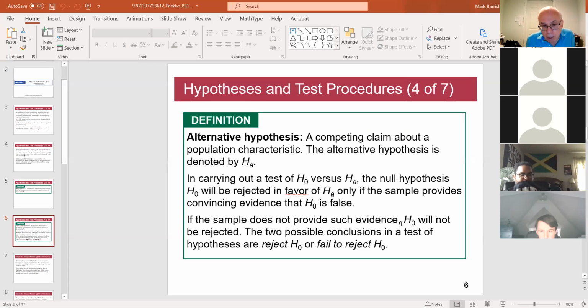So there's two possible conclusions in a hypothesis test. Either we're going to reject the null hypothesis and claim that the alternative hypothesis is the better choice, or we could say there's not enough evidence to reject the null hypothesis. And so there won't be enough evidence to support our claim, our alternative hypothesis.